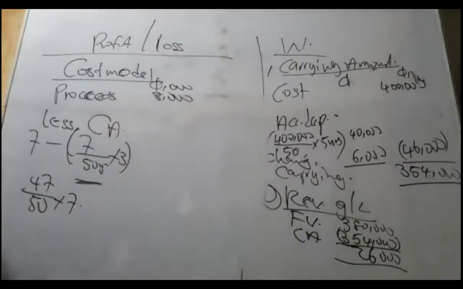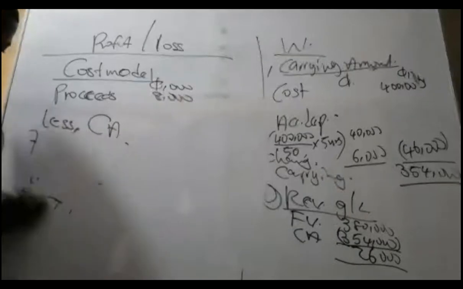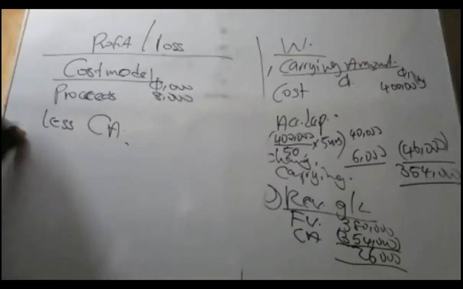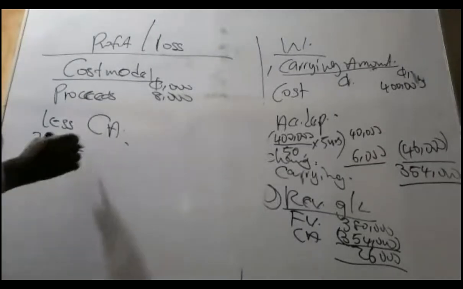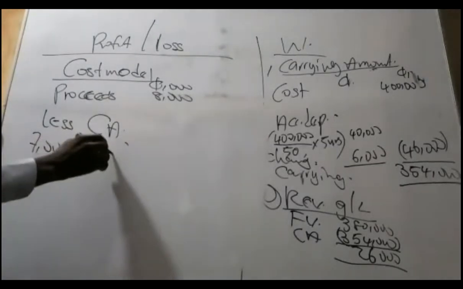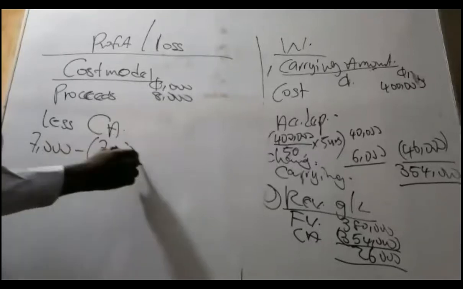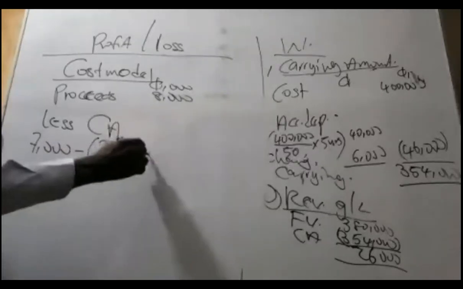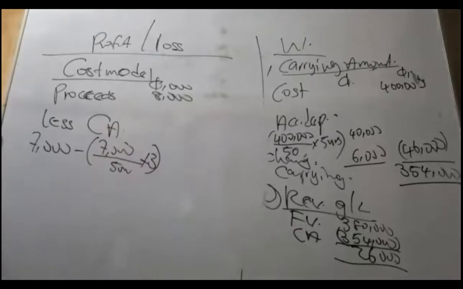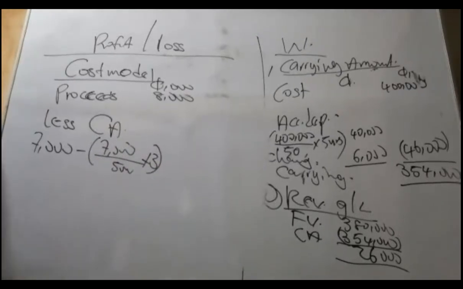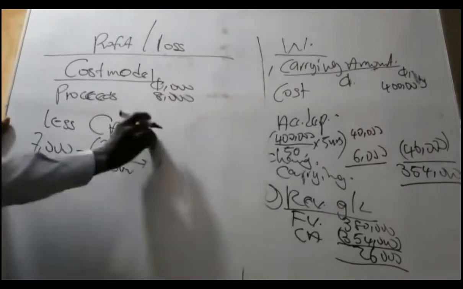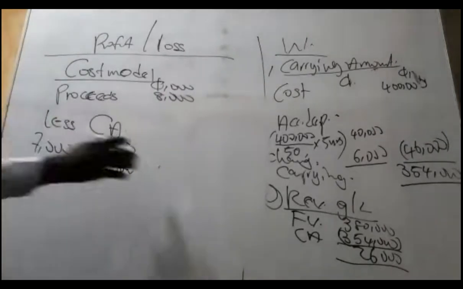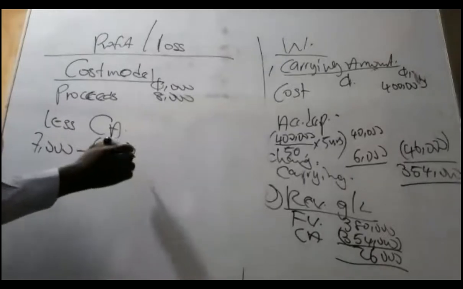So taking the detail of 7,000 over 50 years times 3, that'll give us 420. That's this one alone, right?